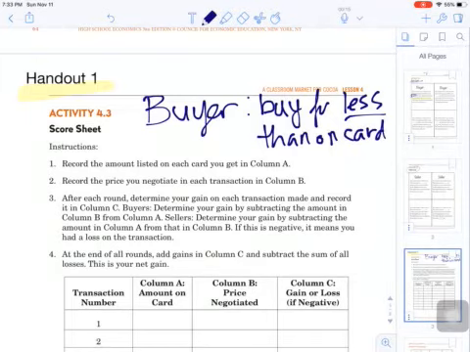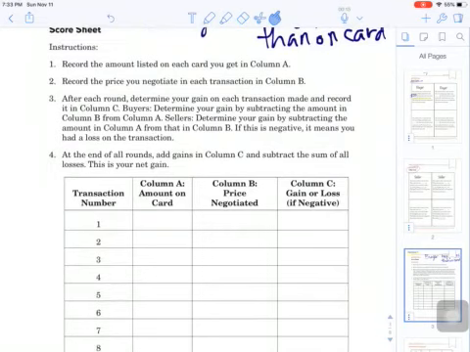My classes have a lot of English language learners and a lot of students who have special needs, so it'd be great if they had that reminder on their paper. And just in general, students get confused. Then on the card, the first thing they should do is write $20 right here.